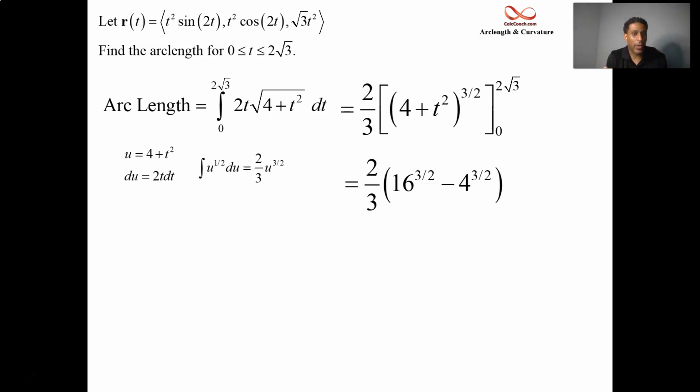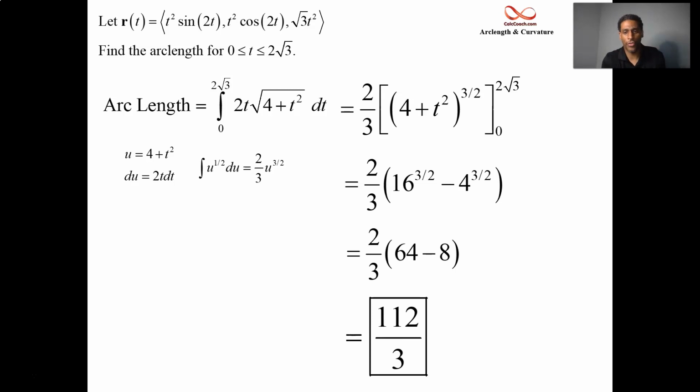These are nice perfect squares, so you raise them to the 1/2 first by taking the square root, and then you cube them. Square root of 16 is 4. 4 cubed, 64. Square root of 4 is 2. 2 cubed, 8. 64 take away 8, 56. But then you double that to get 112 over 3.